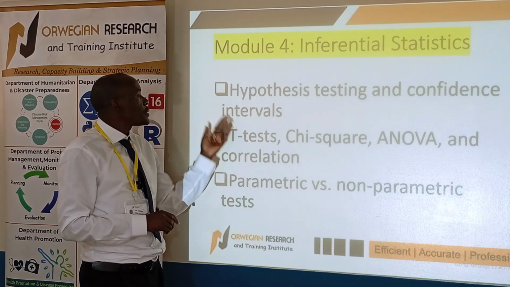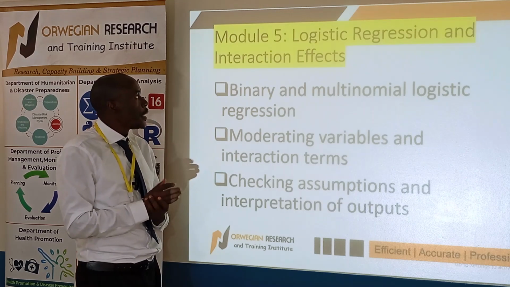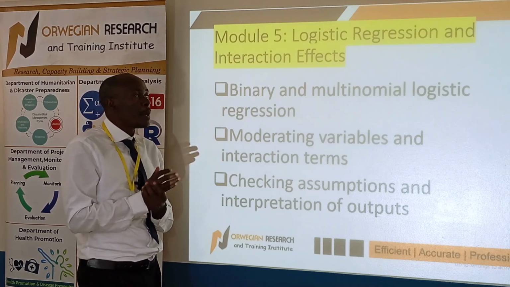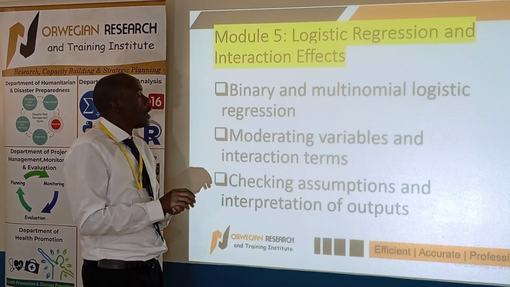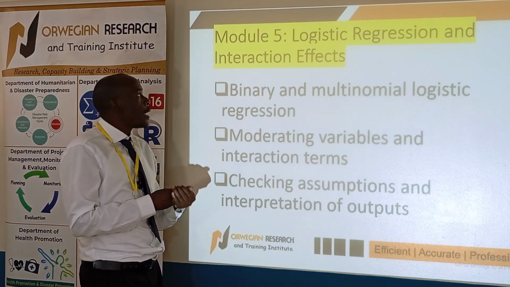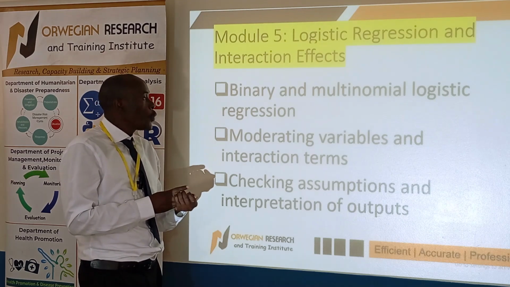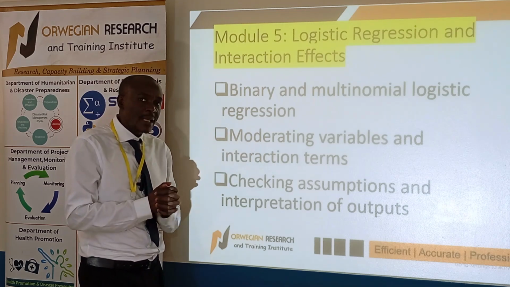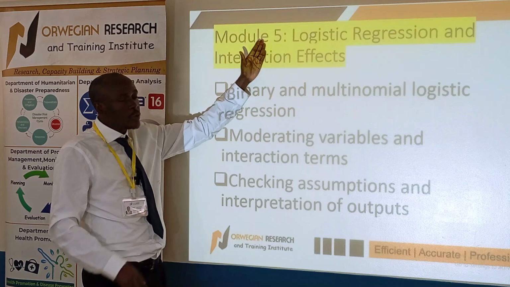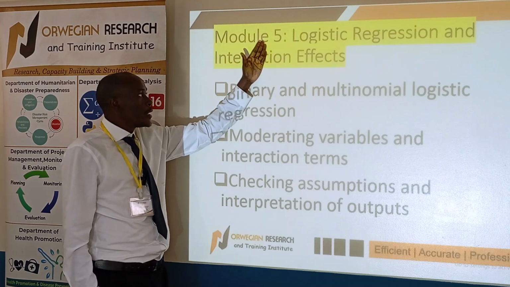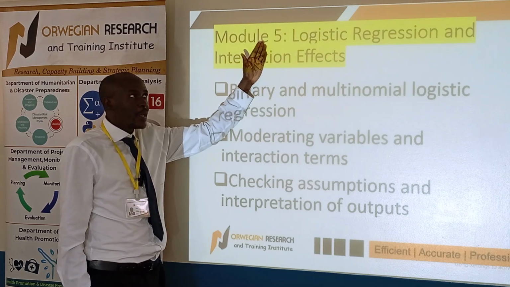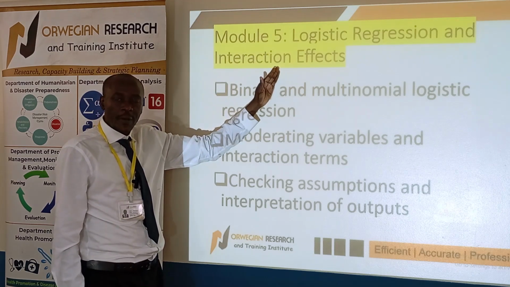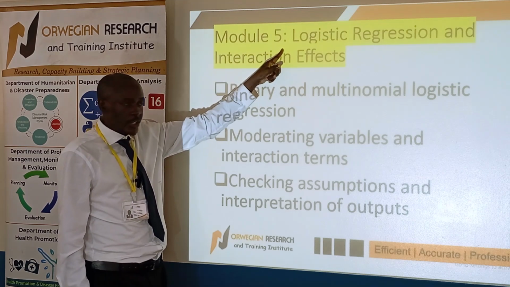So let's move perhaps now to module 5. Module 5 will basically be regression, and this is going to be non-parametric regressions. In instances where we have realized that we don't have a normal distribution of our data sets, we have done what we call diagnostics and they have failed, then we shall move directly into this kind of regression. One of the regressions is the logit and also the probit models, and their interaction effects, that is, the moderating effects on this logistic regression.